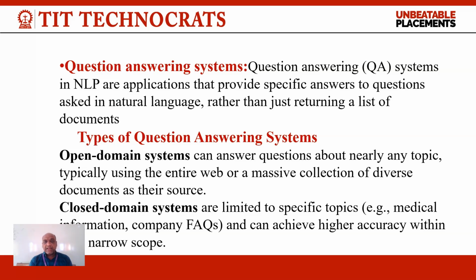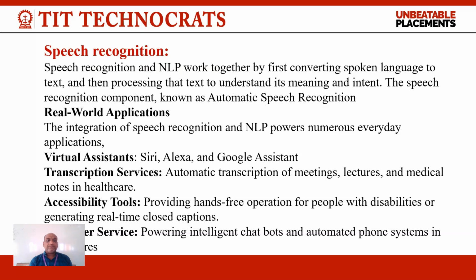Open domain systems can answer questions about nearly any topic, typically using the entire web or massive collections of diverse documents as their source. What about closed domain systems? They are limited to specific topics. It implies medical information, company FAQs, and they can achieve higher accuracy within their narrow scope.